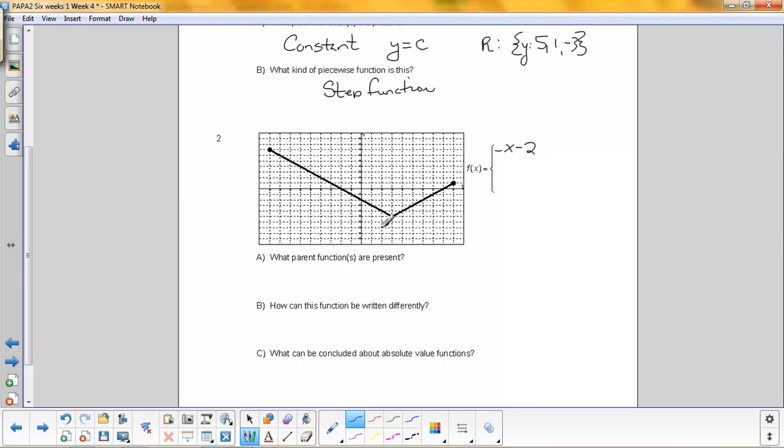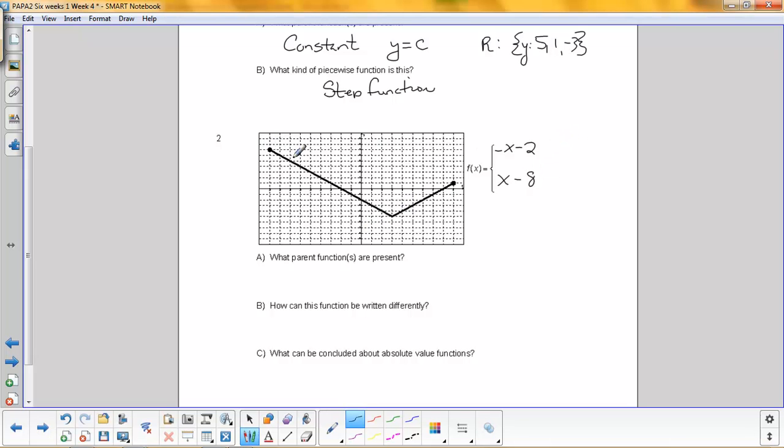It's got a slope of -1, and it crosses the y axis at -2. The second function has a positive slope. If you continued it, that was what that dotted line was for before, it crosses at -8.